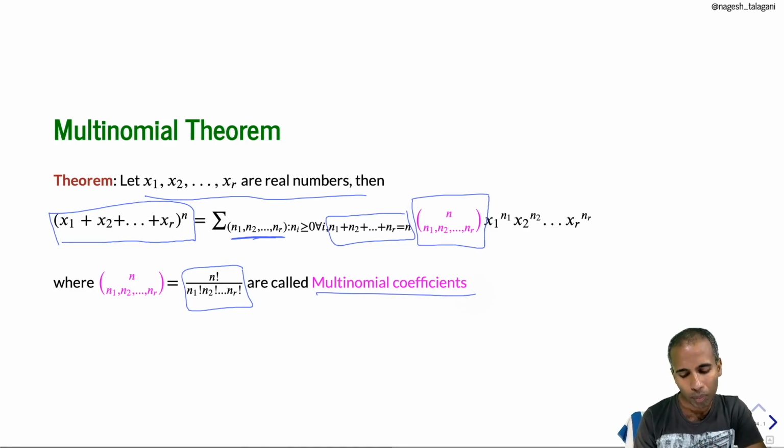Okay, the proof of this one is going to be pretty similar to the proof of the binomial theorem, but just a generalization. Instead of using n permutations of two objects x comma y, here you have to think about n permutations of r objects x1, x2, so on xr.